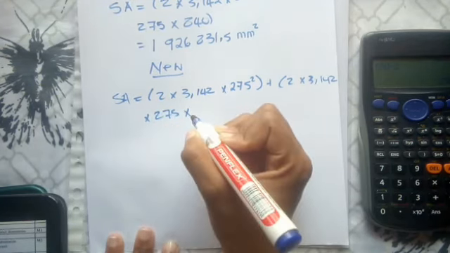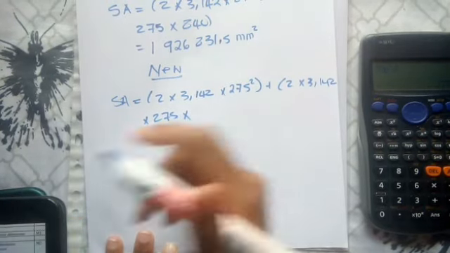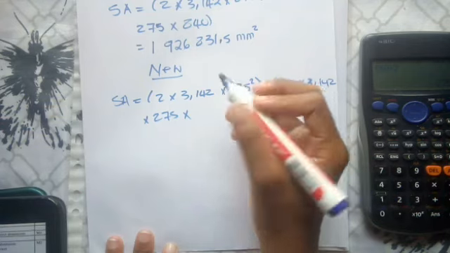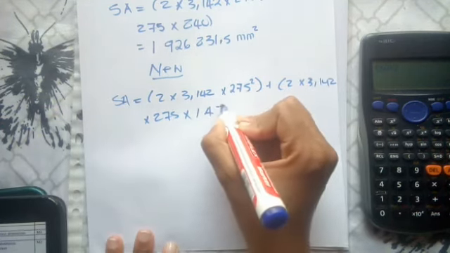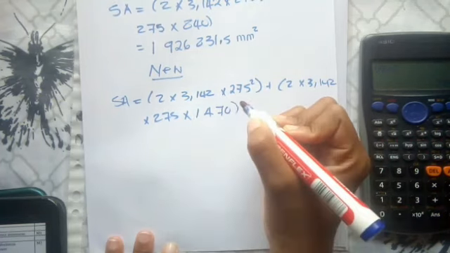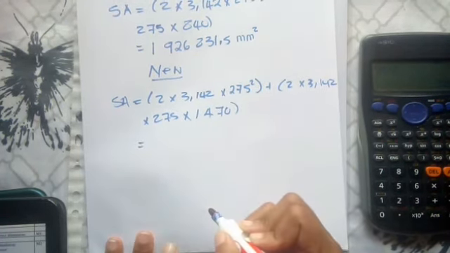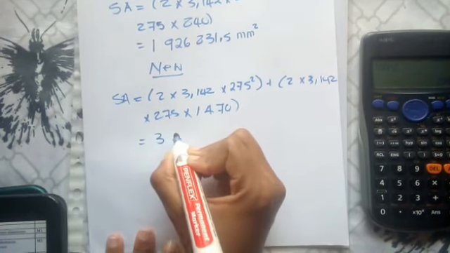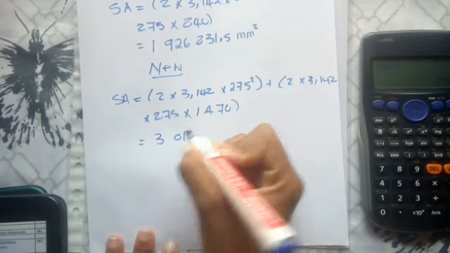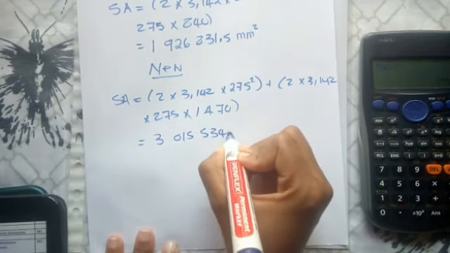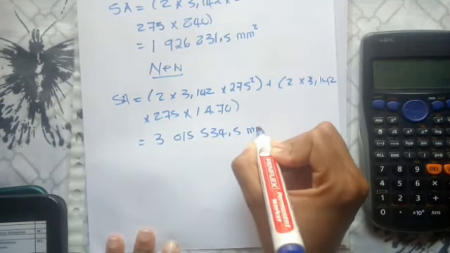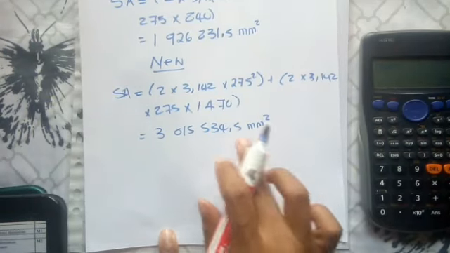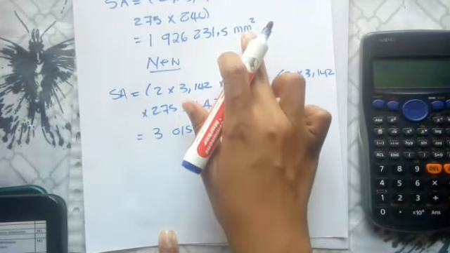The only thing that changes is the length. For the new geyser, the length is 1,470. Punch the whole thing in the calculator and it gives you 3,015,534, again millimeters squared.